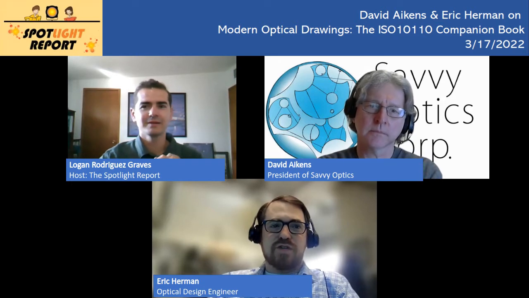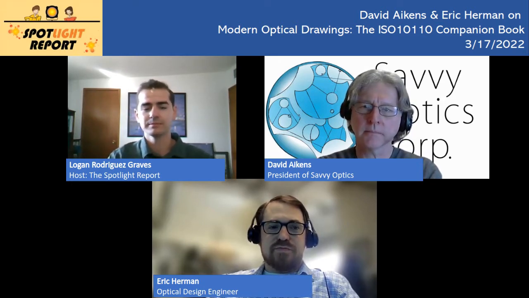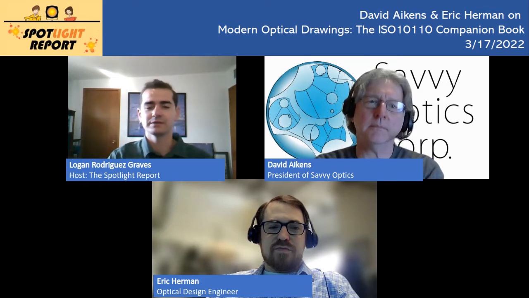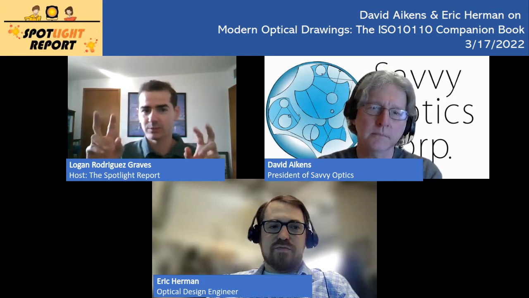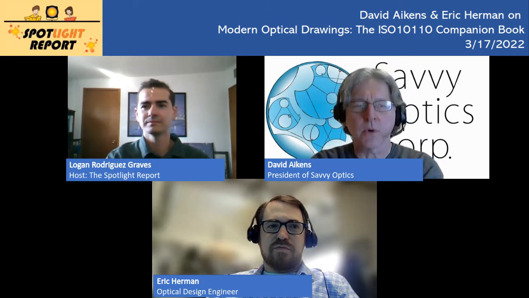And I think for our audience, could you guys explain first of all, what is an ISO standard? And then specifically, what is this ISO 10110 that we've referred to? Sure. So when we're talking about standards, we're talking about documentary standards.